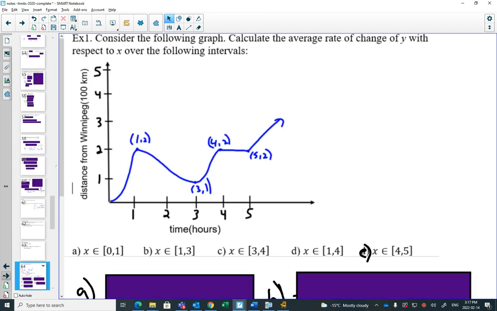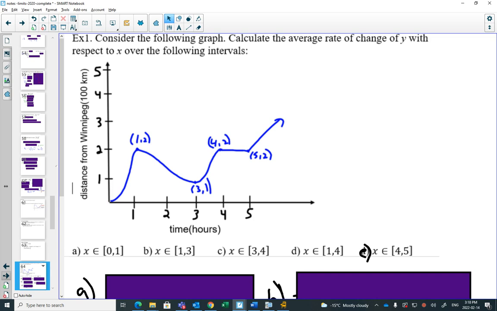You're driving somewhere. Distance from Winnipeg in hundreds of kilometers. I don't know how in 1 hour you got 200 kilometers away from Winnipeg, driving very, very fast. Okay? And then you realized you were going to pick up a friend. So you had to drive back 100 kilometers.